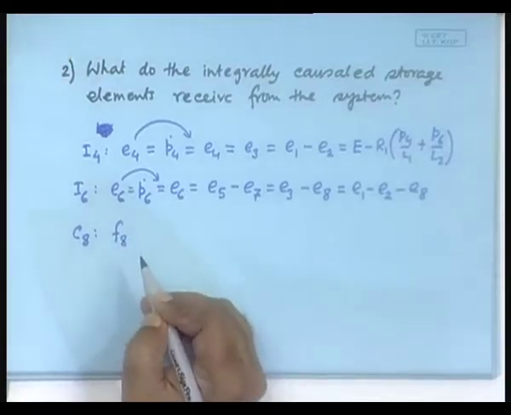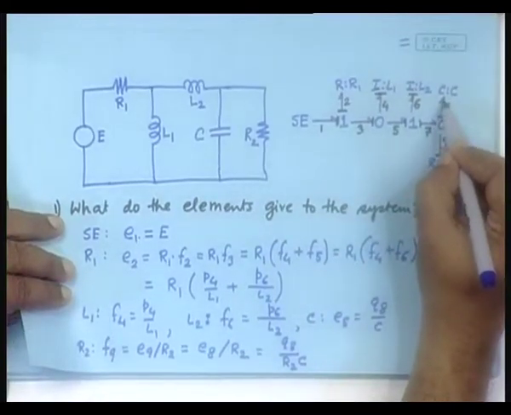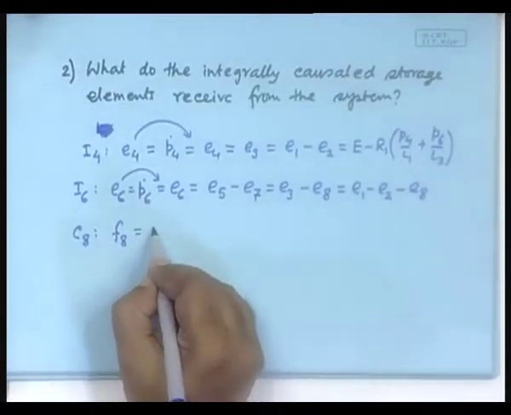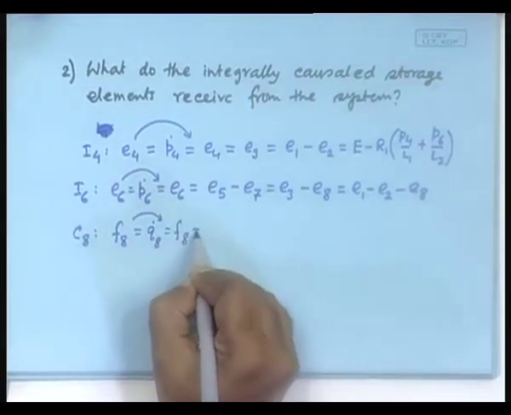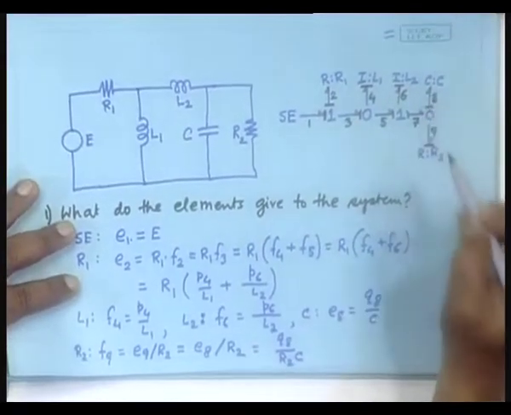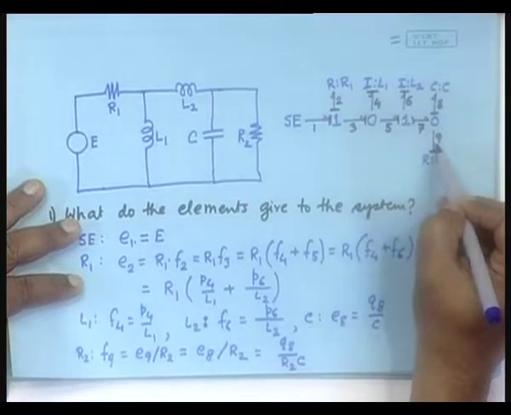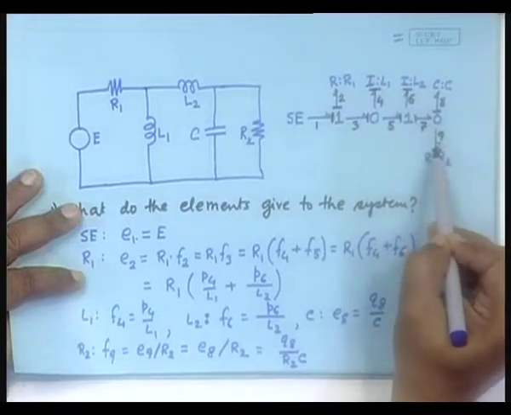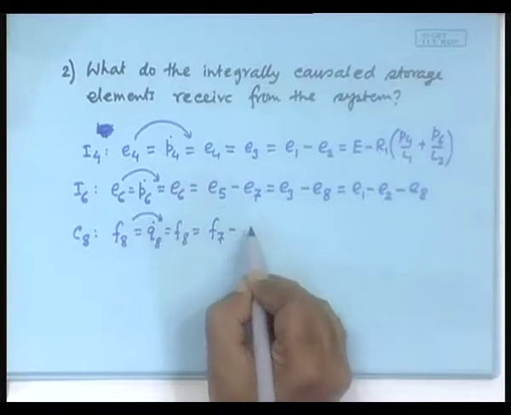F8 is what it receives from the system, and that is equal to Q8 dot, and then bring it to the side, Q8 dot is equal to F8, and then find out where the F8 comes from. F8, this is a 0 junction, and therefore it has to be related to F7 and F9. Yeah, F7 minus F9 is equal to F8 because of the power directions. Fine. F7 minus F9.